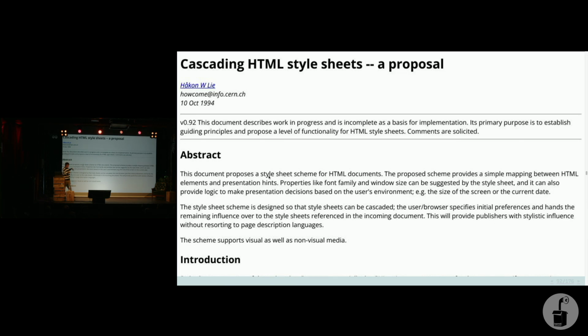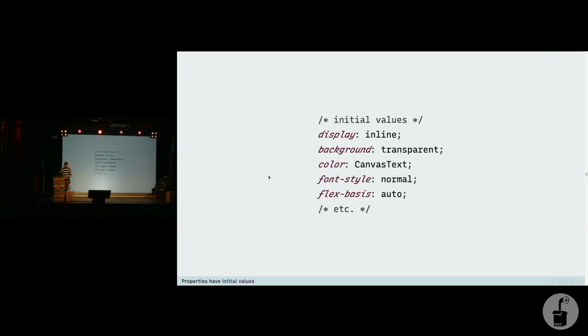And so it's getting styles. Those are coming from the browser. And we could remove all of those styles by setting all properties to initial. And what initial does is it rolls back even farther than browser styles. We get the initial values. Every property has an initial value in case something else wasn't specified. So the initial value of display is inline. The initial background is transparent. The initial color is canvas text, and so on down the list.